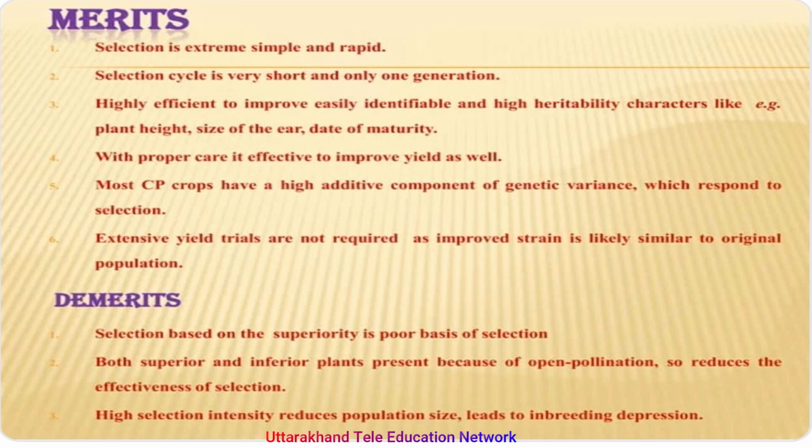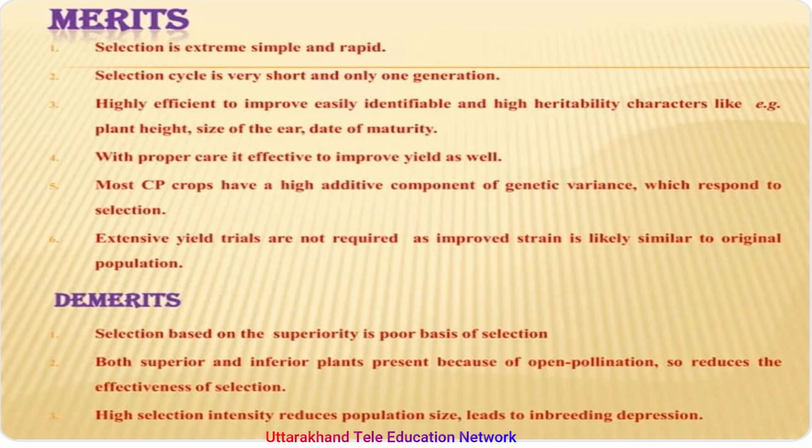Merits of the crop improvement system: selection is extreme, simple and rapid. Selection cycle is very short, only one generation. Highly efficient to improve easily identifiable and high heritability characters, for example plant height, size of the ear, date of maturity.